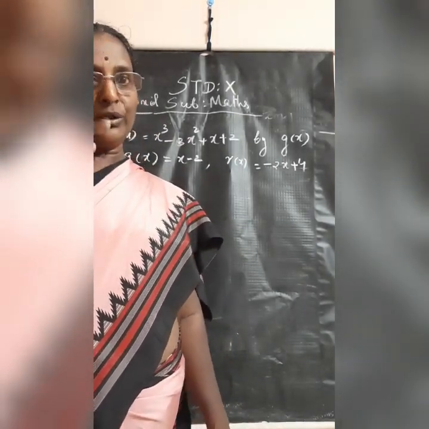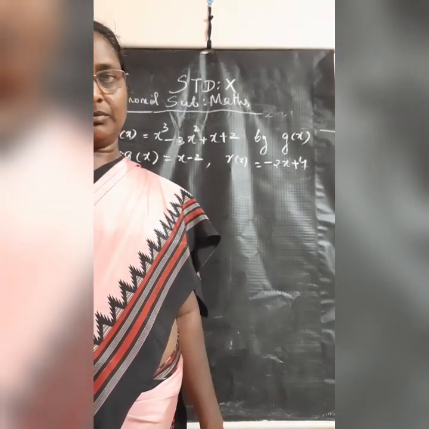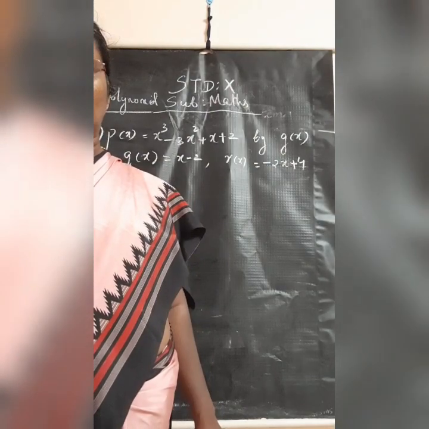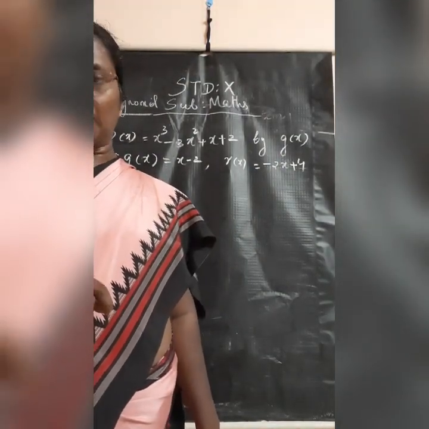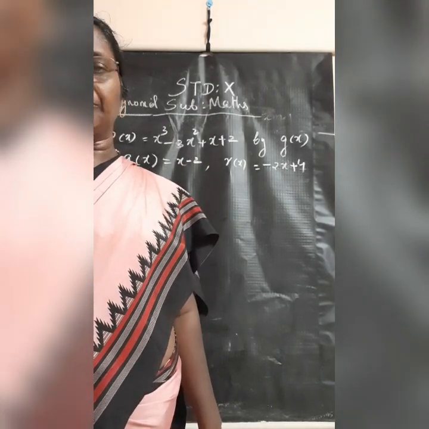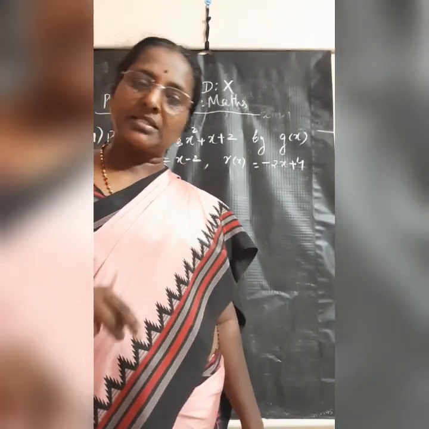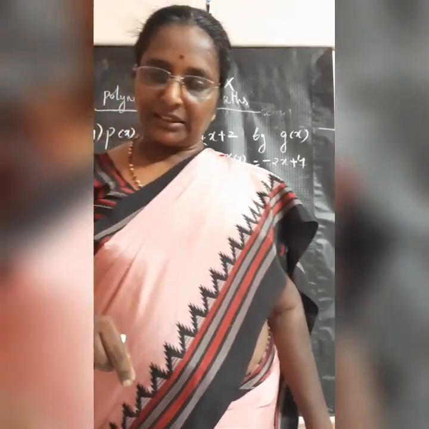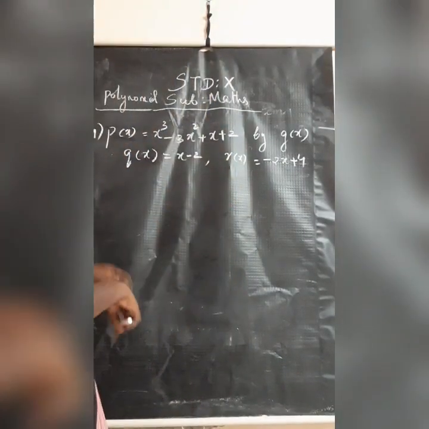First of all, you remember the division algorithm for the polynomials. That means p of x is equal to g of x into q of x plus r of x. You also say along with me. I will write on the board.